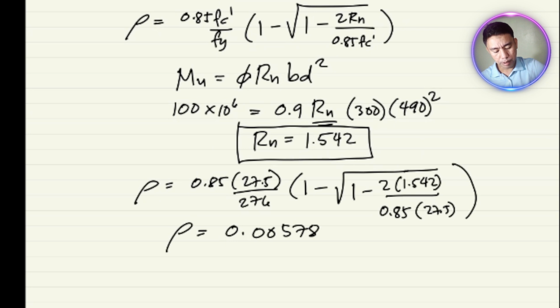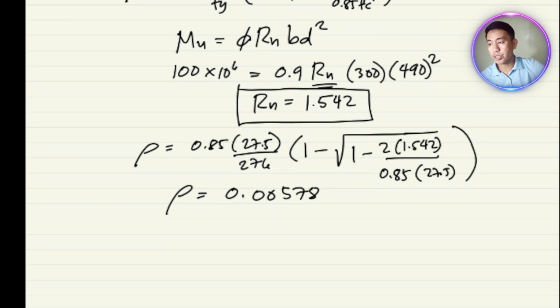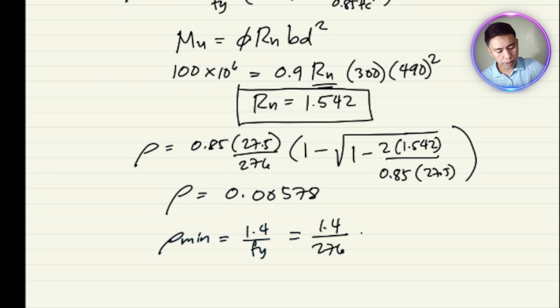But now, this rho we will use to calculate AS, kasi ang problem natin dito is yung area of bar. But we need to check first. We need to compare this rho with the rho minimum. Okay, rho minimum is 1.4 over FY. This is 1.4 over 276.